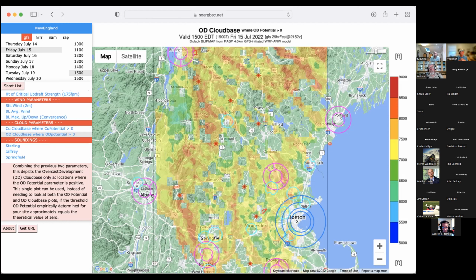I try to take a look at overdevelopment, and sometimes when you get really strong thermals, you end up with overdevelopment. SkySight also has the equivalent plot. The last two times I was flying, I remember looking at the SkySight overdevelopment forecast, and it never happened.